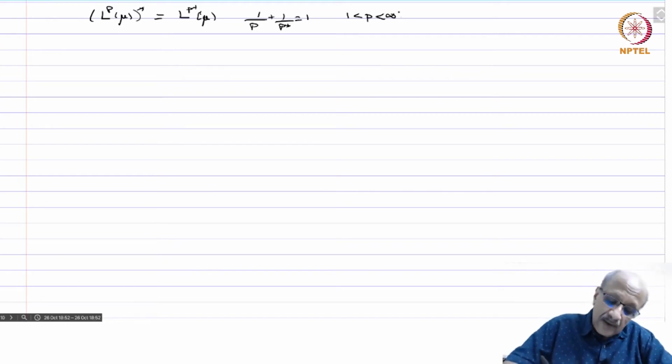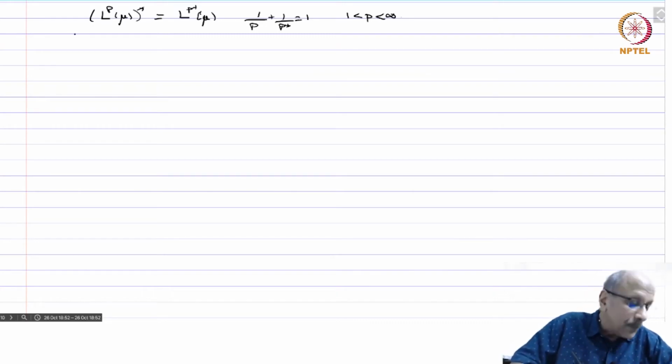At that time we said that we are not considering the case of L1, which requires some measure theoretic arguments and so on. So now in the case of L^p of omega we will prove this.